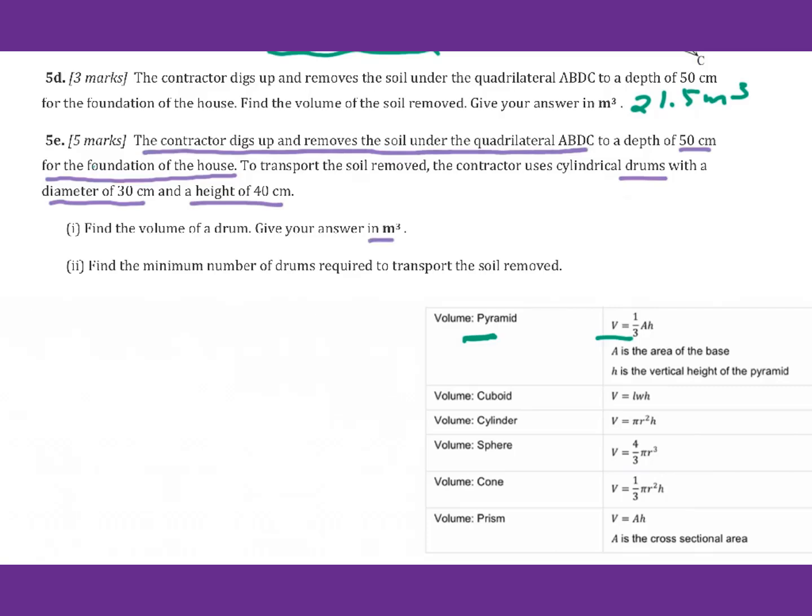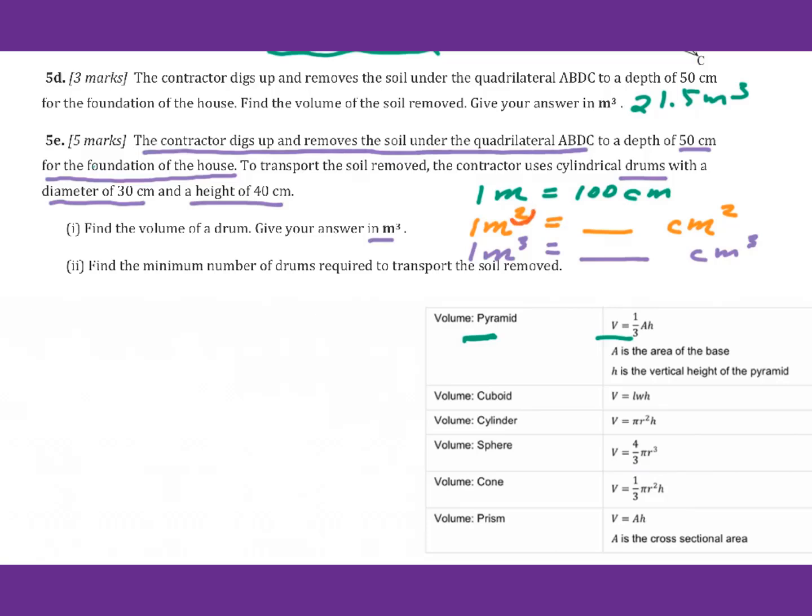Before we get started, let's talk about the unit conversion. We know 1 meter equals 100 centimeters. Then what about 1 meter squared equals how many centimeters squared? 1 meter cubed equals how many centimeters cubed?